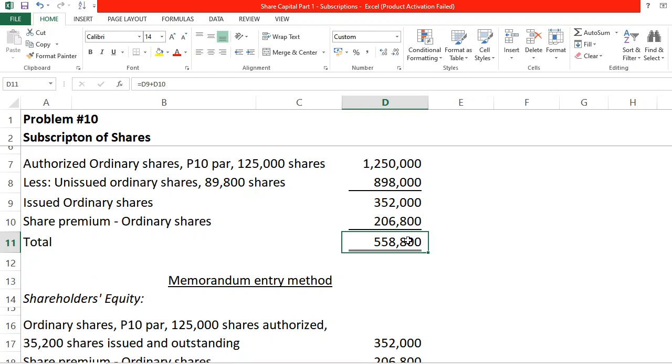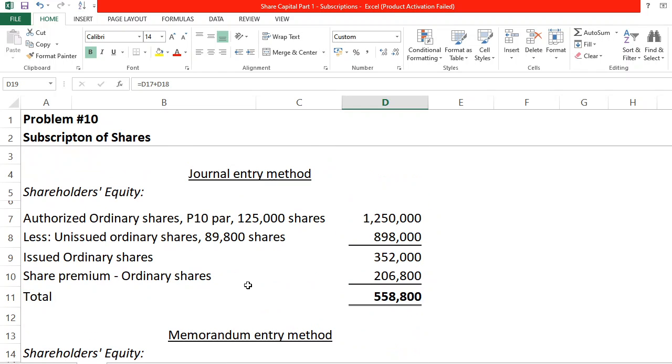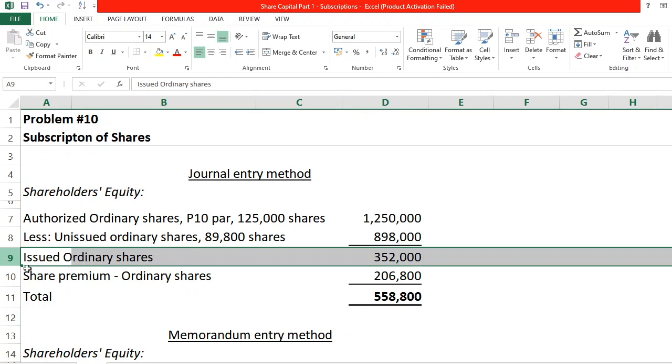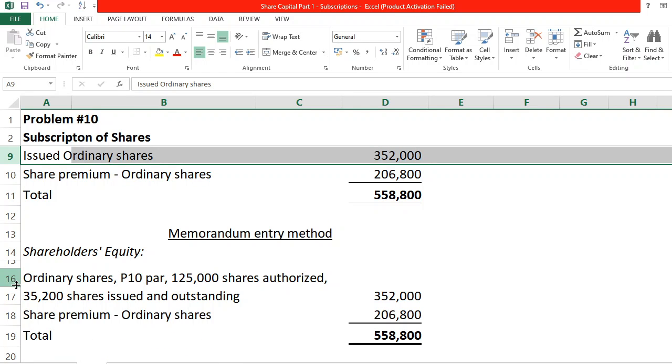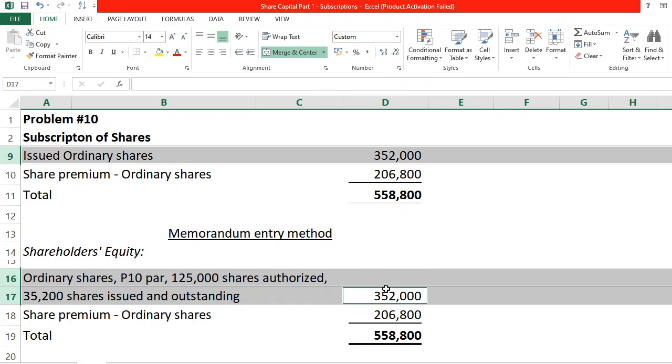If you could notice, under the journal entry method and under the memorandum entry method, our total shareholders' equity is just the same. The issued shares of 352,000 in the journal entry is equivalent to our ordinary shares issued and outstanding in the memorandum entry method.